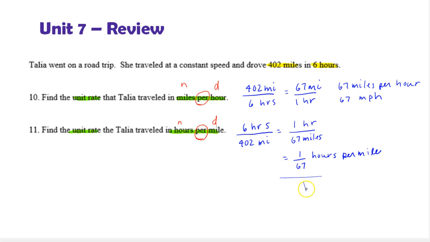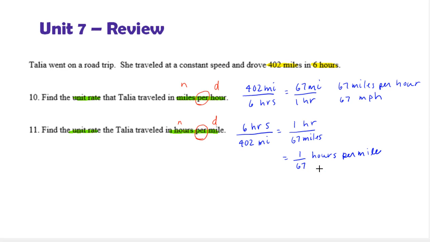So this is our 1 mile, and this is the amount of hours it takes to go a mile. So we do it this way so we can conceive of what this means. This means to go 1 mile, it takes 1/67th of an hour. So you could think since there's 60 minutes in an hour, it takes a little under a minute for her to travel a mile at this speed.